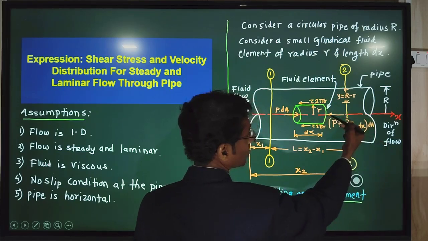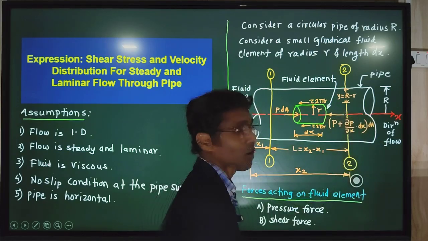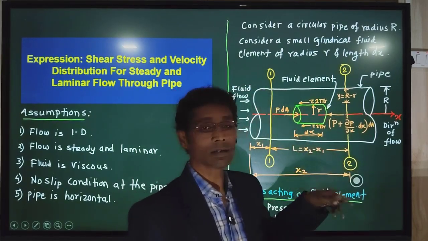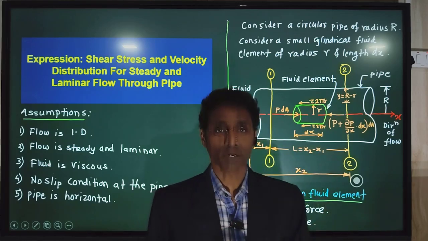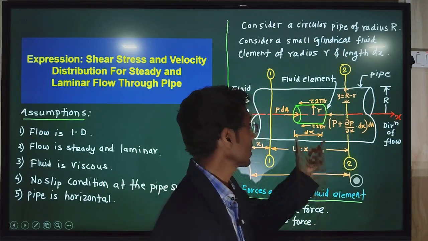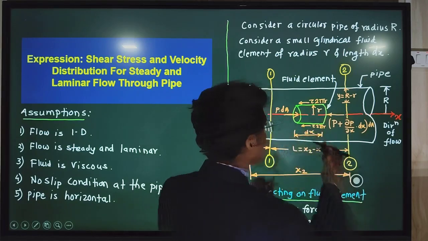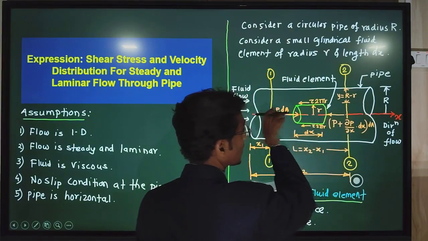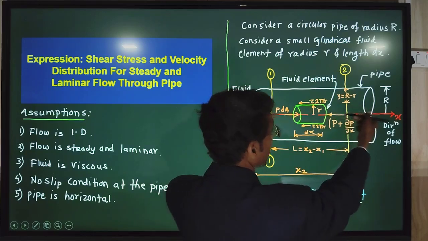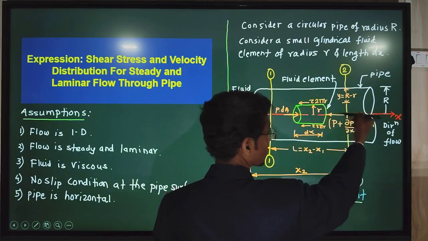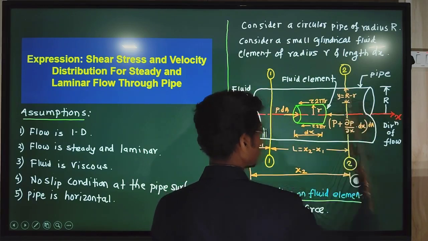The direction of this is opposite, because the fluid considered here is incompressible, so in this case it is under compression. In the compression, the forces in the forward direction and in the backward direction are opposite to each other. So this is the pressure force on the other side of the fluid element.